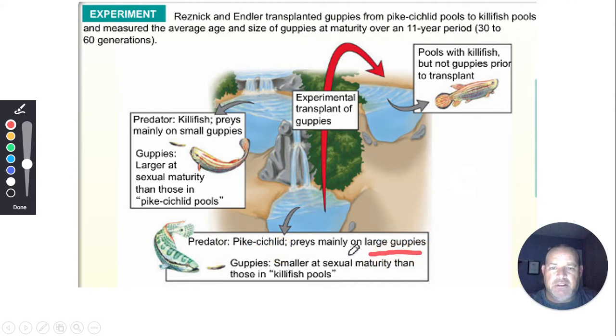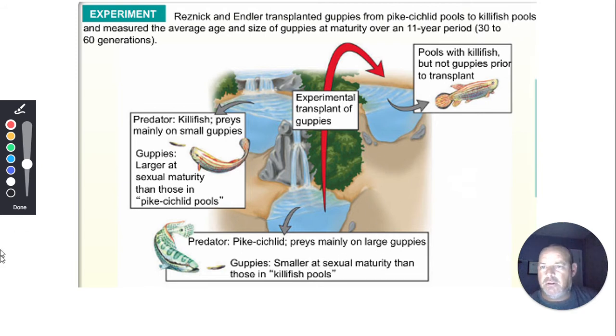Okay, and so what they're going to do is pools up here in this top pool have killifish but not guppies prior to transplant. So they're going to transplant some guppies up there into that pool. Okay, so since the pike cichlids prey on the larger guppies, there's some smaller ones here.